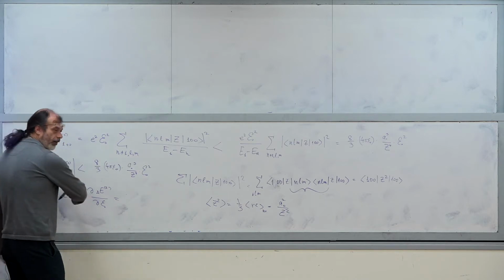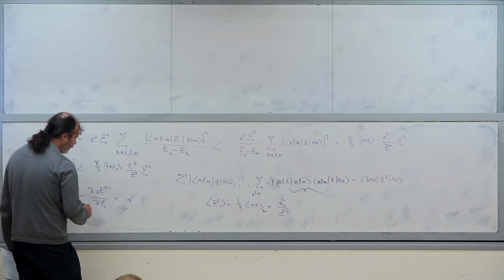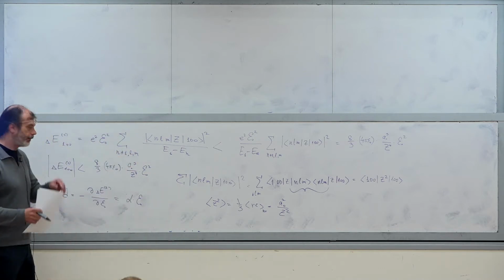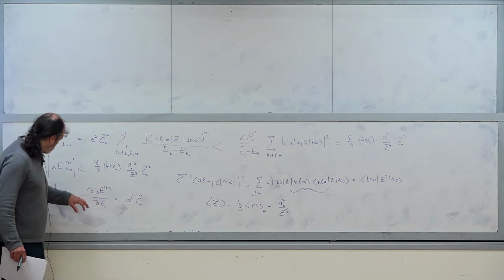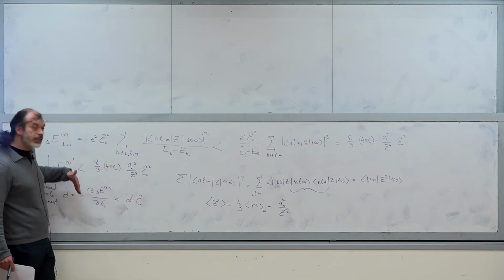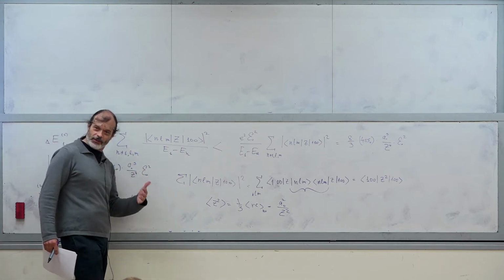And this induced dipole moment is equal to a certain polarizability that we call alpha multiplied by the field. So the induced dipole moment depends on the field.